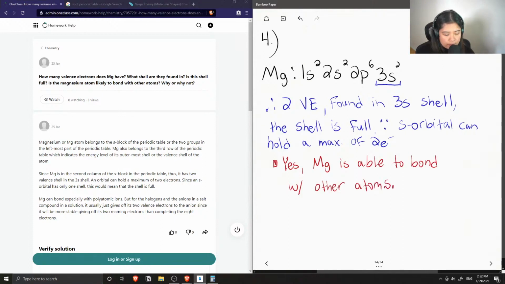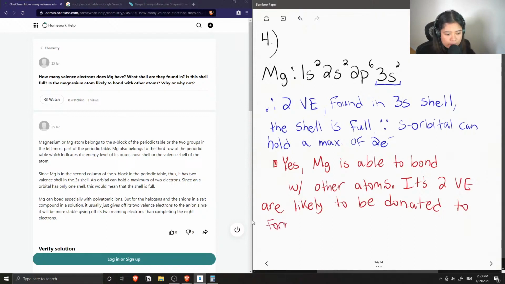And the reason for it is because its 2 valence electrons are likely to be donated to form ionic bonds.